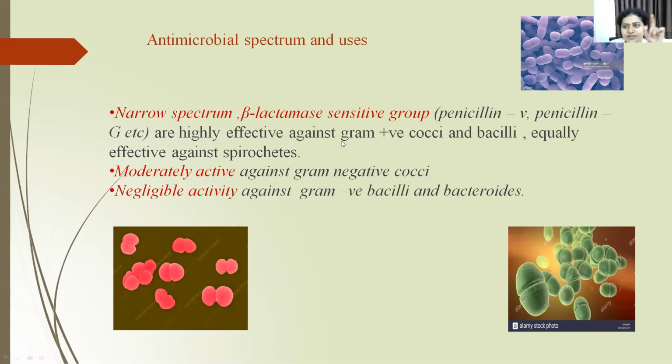So remember, the narrow spectrum penicillin group is effective against gram-positive cocci, bacilli and spirochetes, moderately effective against gram-negative cocci, with negligible activity against gram-negative bacilli and anaerobic organisms, that is Bacteroides.